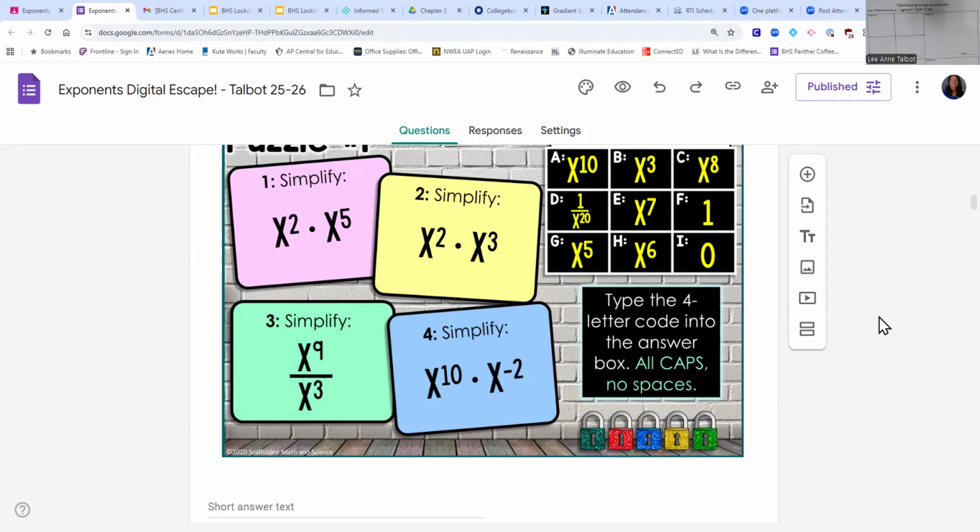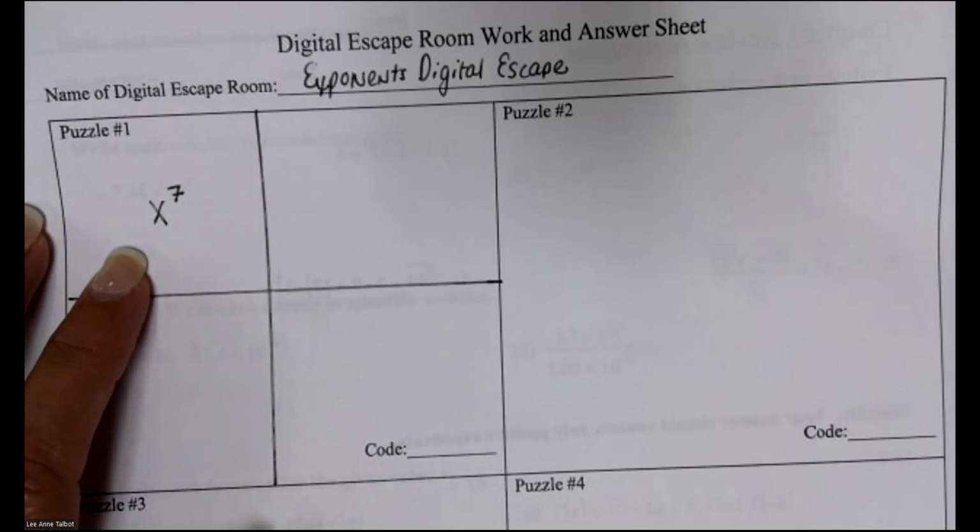X to the what? 7. Okay, I am just going to write X to the 7. I don't really know what more work I would show there. That's all the work I could possibly muster for this problem. So what is the letter of the code for X to the 7?